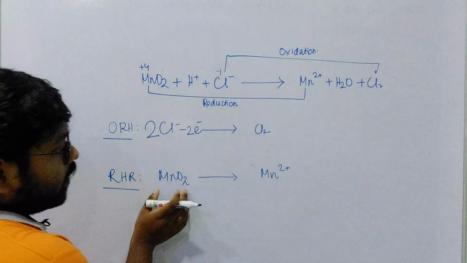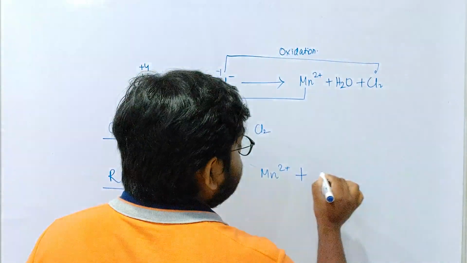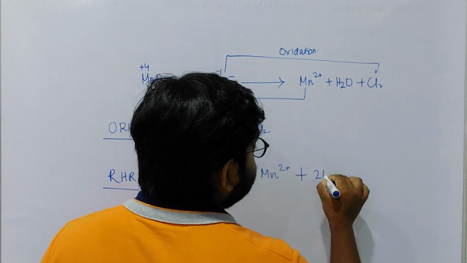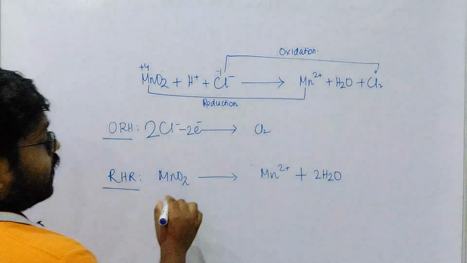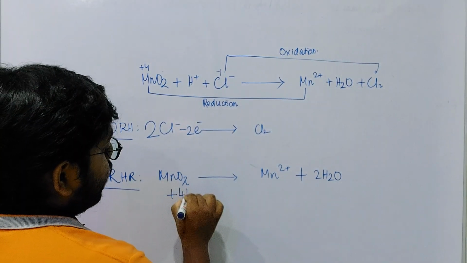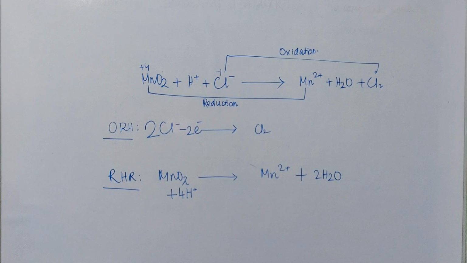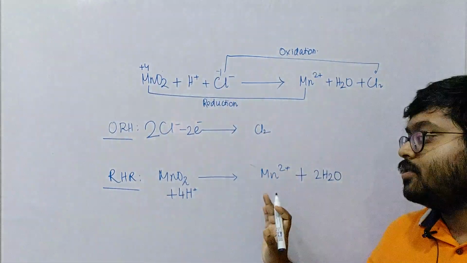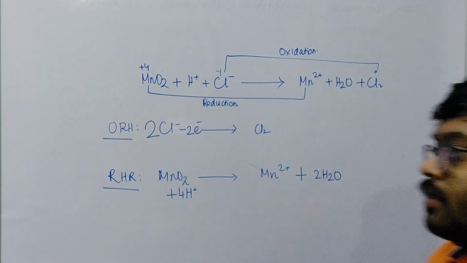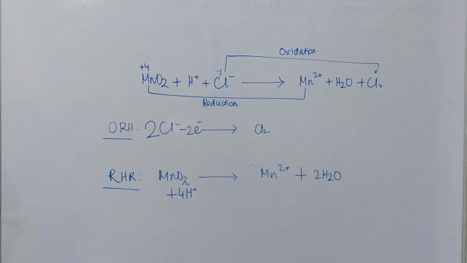Similarly, on this side MnO2 has 2 extra oxygen. So on this side you just add 2 water, and as you have added 2 water on this side, on the other side you will add 4H+. As you can see, the number of atoms is balanced, but we need to see the charge on the reduction half reaction.